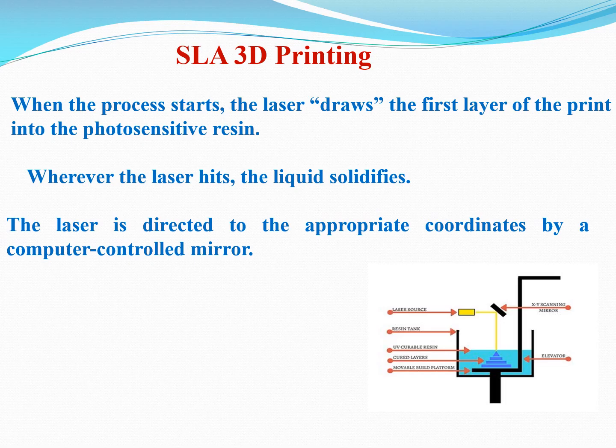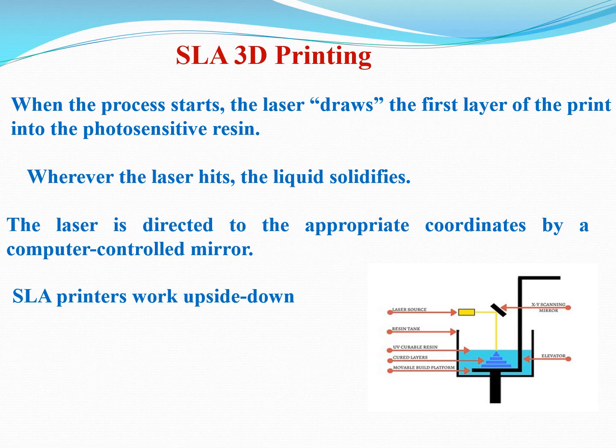Now we will describe the SLA 3D printing. When the process starts, the laser draws the first layer of the print into the photosensitive resin. Whenever the laser hits, the liquid solidifies.